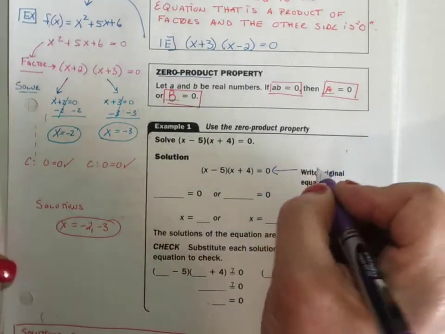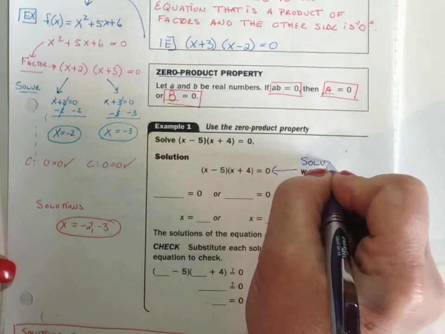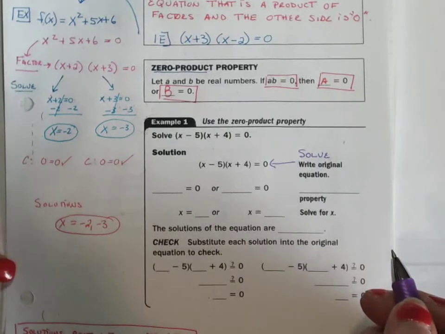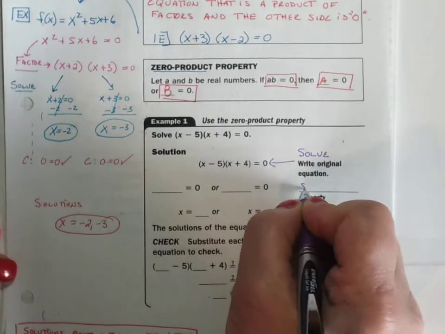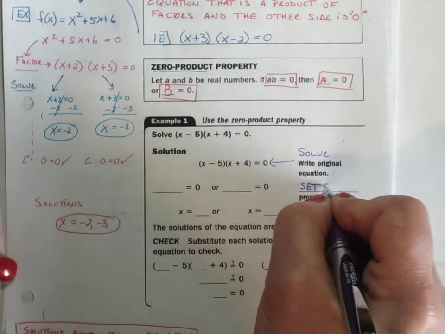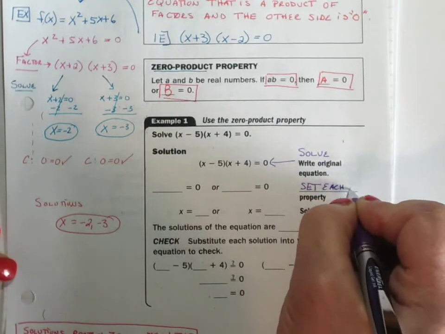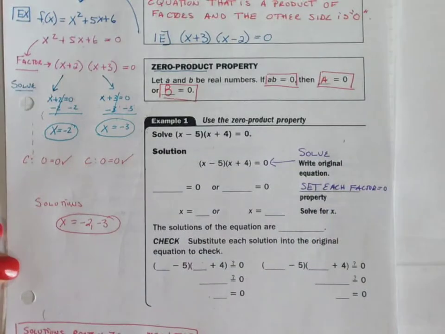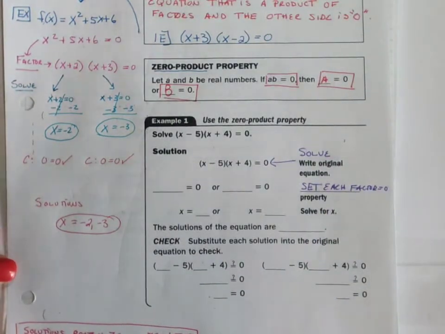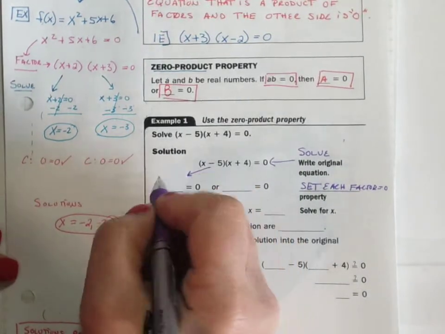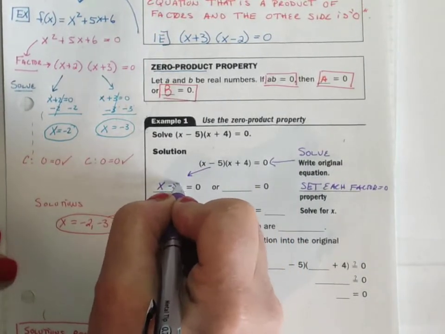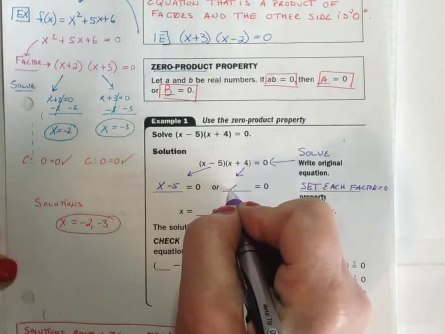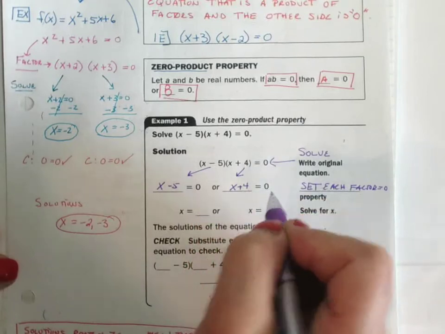So we are going to solve this equation, and we are going to set each factor to equal 0. So we set x minus 5 equals 0. x plus 4 equals 0.